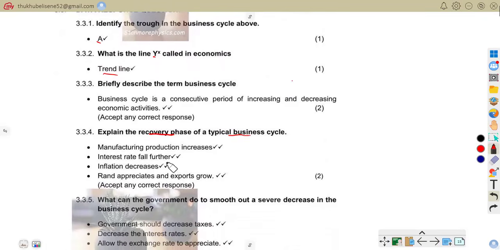As you can see, it says manufacturing production increases. Production increases. So we need to say businesses start producing more. That is that.